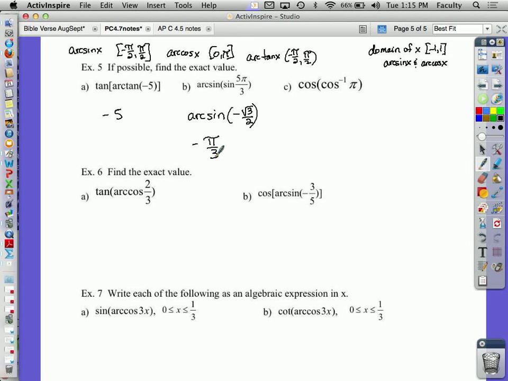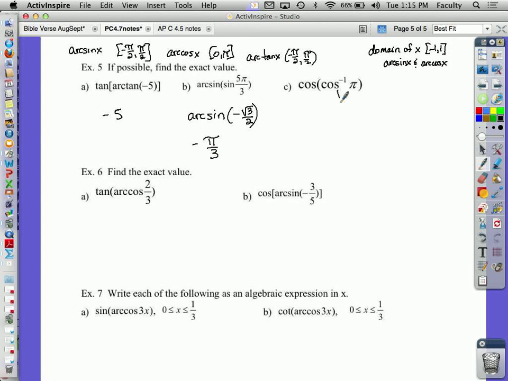Okay, so I've got cosine of arc cosine. And if you look back at your composition of functions chart, this is the second row. And when you have cosine of arc cosine, x has to be a number between negative 1 and 1. What's wrong here? Pi is bigger than 1, isn't it?